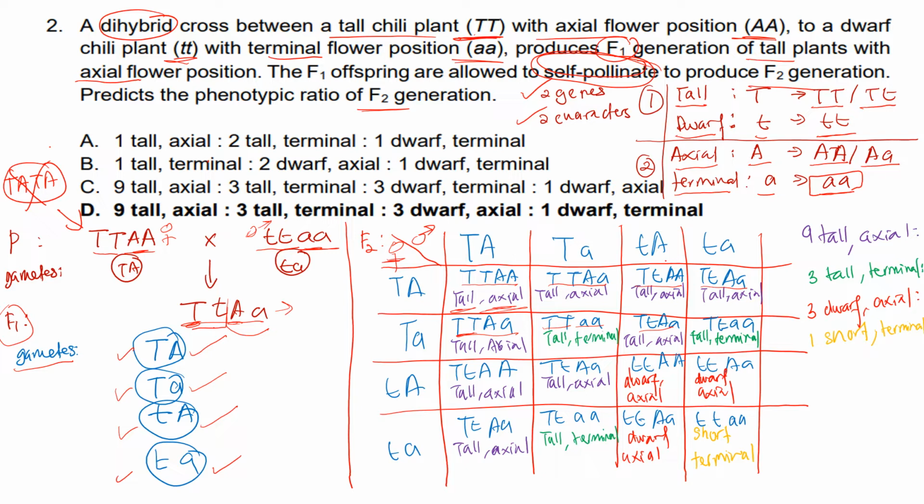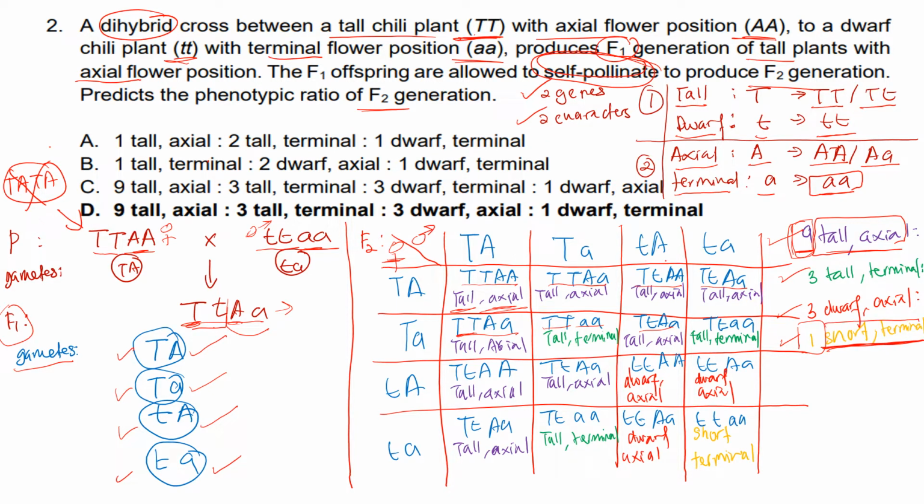After you have completed the Punnett square, you will get 9 tall axial, 3 tall terminal, 3 dwarf axial, and 1 dwarf terminal. If you see the phenotypic ratio of the F2 generation, the 9 shows the dominant phenotype, and the 1 shows the recessive phenotype for both characters.